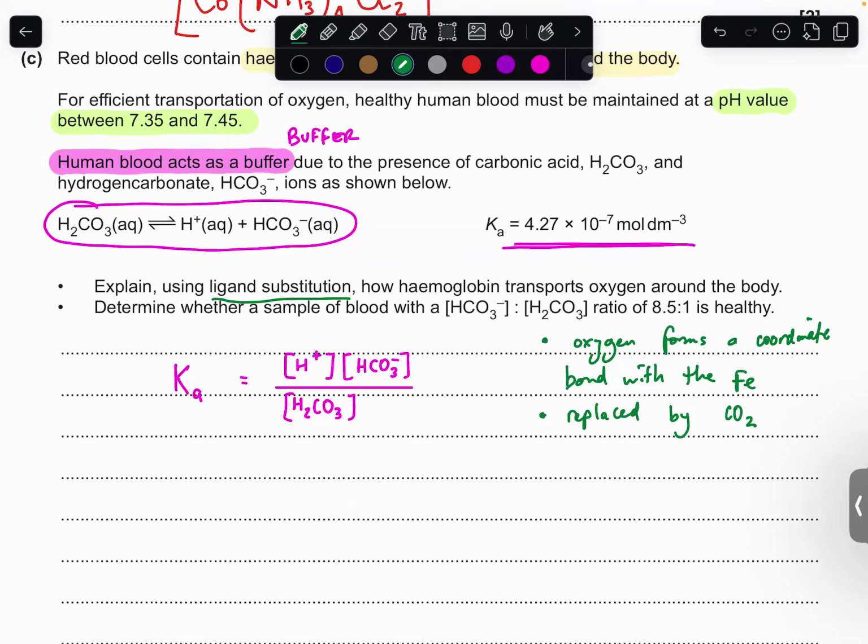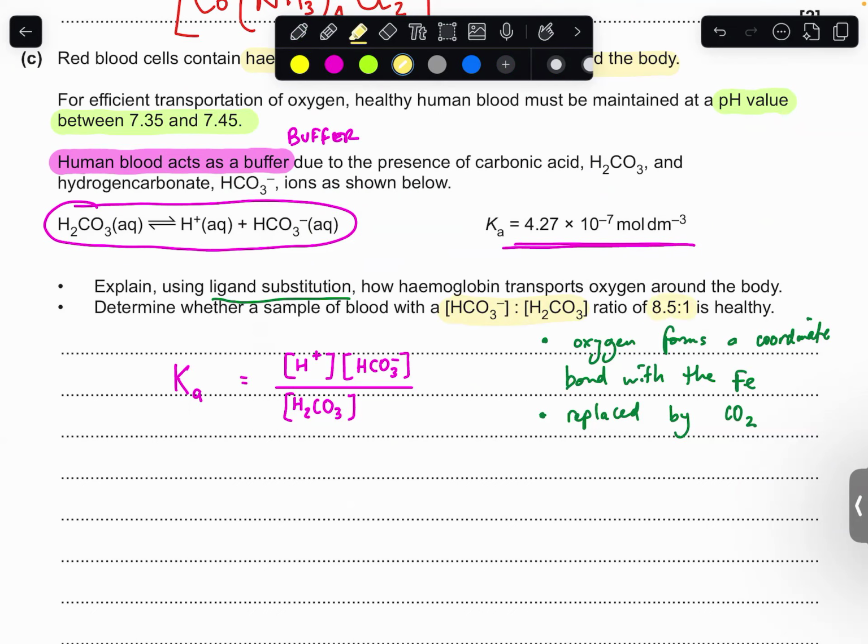It's then asking you to determine whether a sample of blood with an HCO3 minus concentration to H2CO3 concentration ratio of 8.5 to 1 is healthy or not.